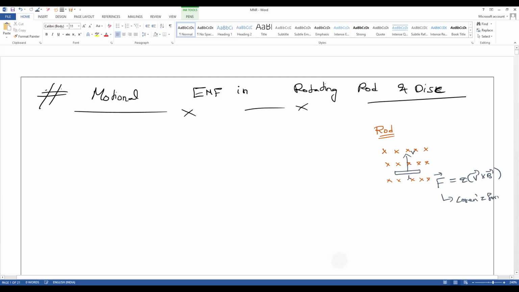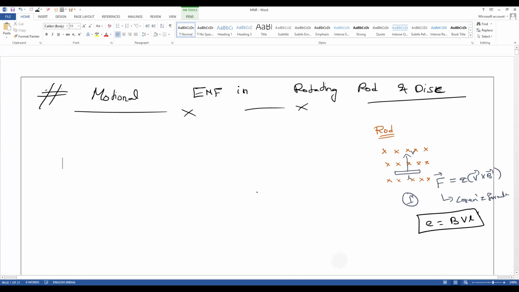What is the EMF induced in this? B, v and L are all mutually perpendicular. So what is the induced EMF equal to? Induced EMF E is equal to B into v into L.